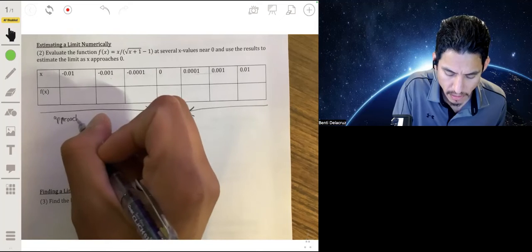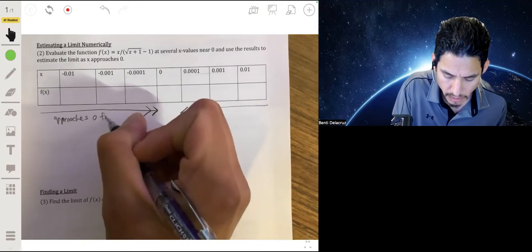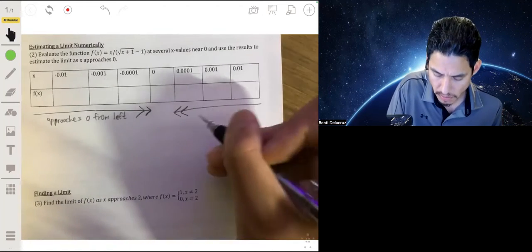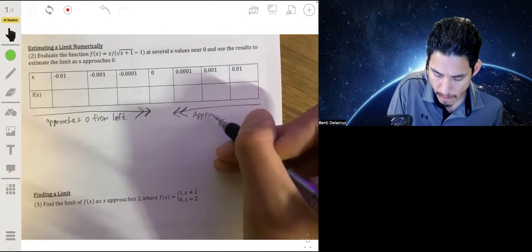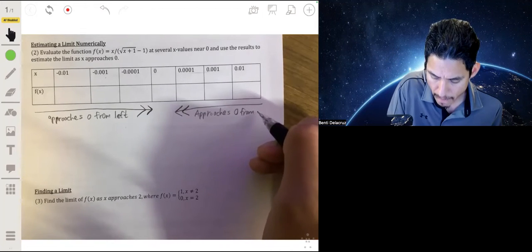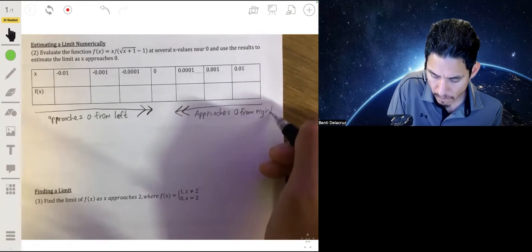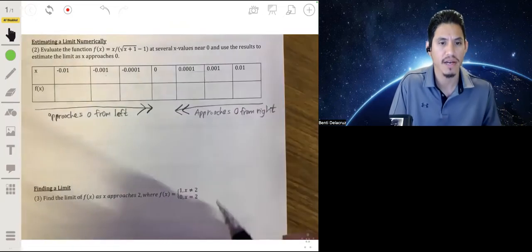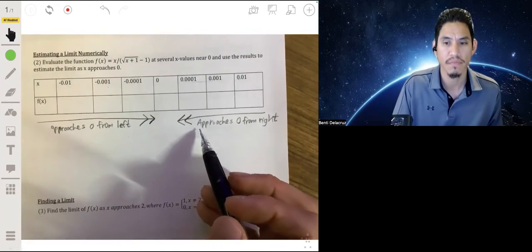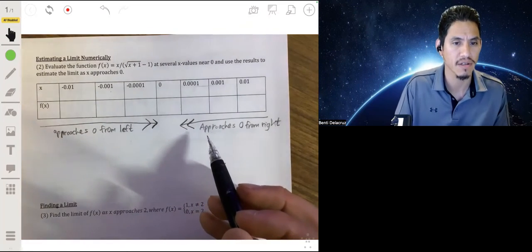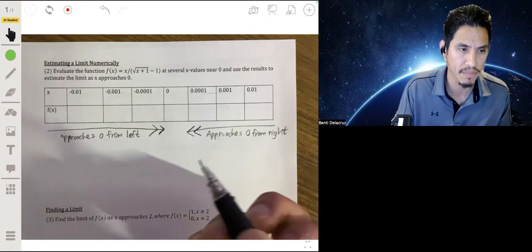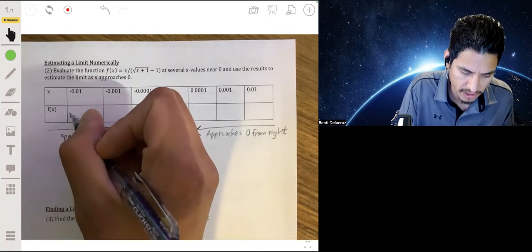Let's write that out actually. Approaches 0 from left, versus 0 from right. Now, since I already calculated this, just to save time with the video, I'm just going to write in the values. But again, really make sure you practice with these calculations. I know it's a little tedious, but it's really going to help you down the road because you're gaining your basis of understanding for limits.